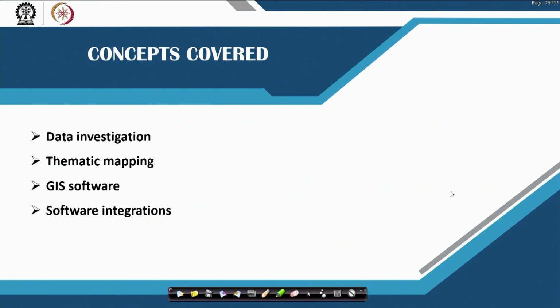Then thematic mapping is to create a theme based output. For example, most of this data, if it is statistical, qualitative or quantitative, say quantitative data, is in the form of numericals. Instead of giving numericals for people to understand, it may be given in the form of thematic maps.